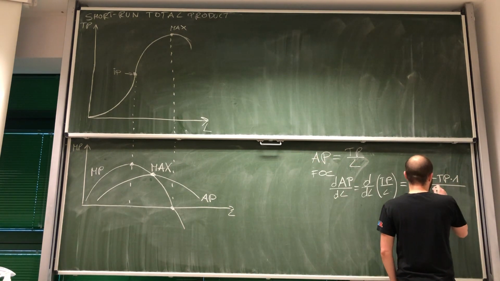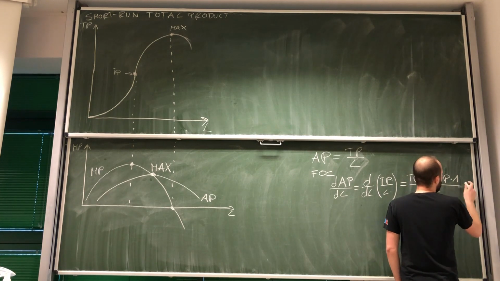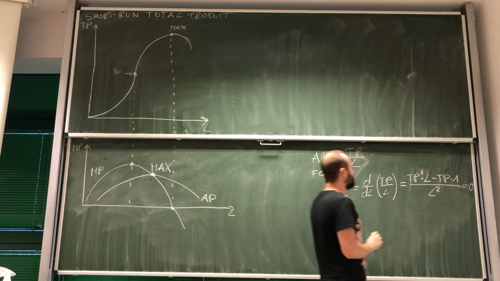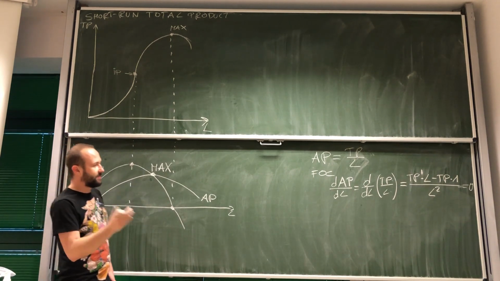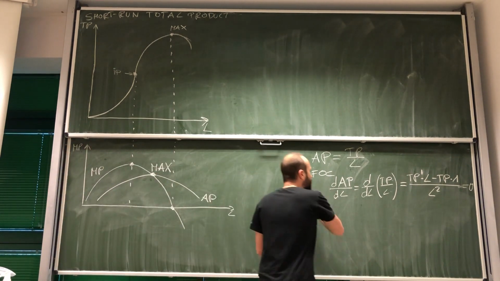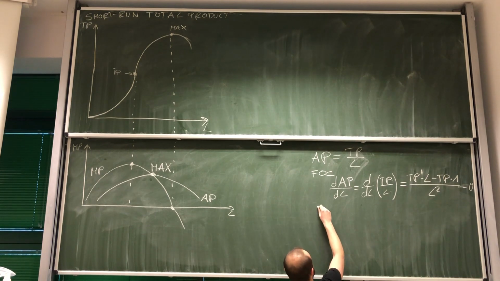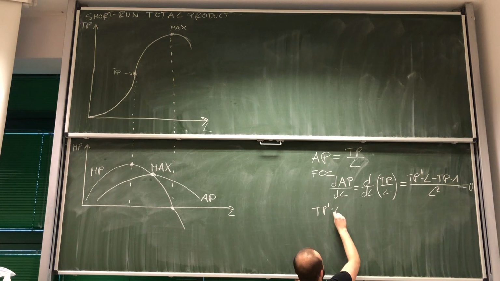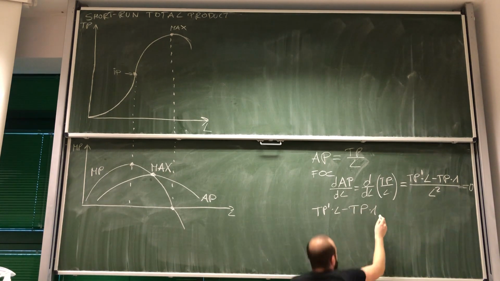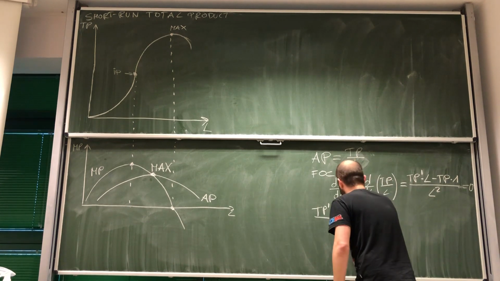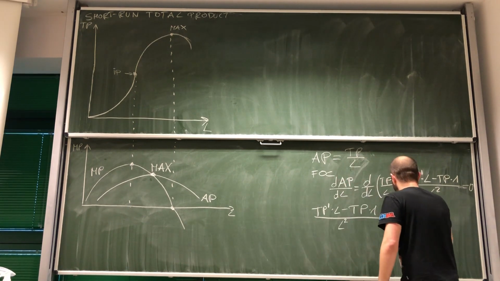And we divide it by L squared. And look, this needs to be equal to 0 to ascertain that this is a maximum. So we got total product prime times L minus Tp times 1, divided by L squared, must be equal to 0.